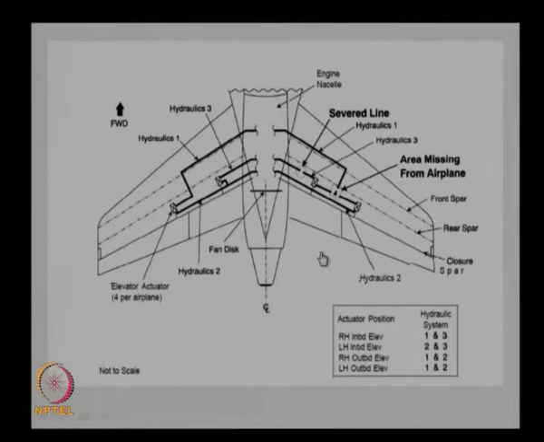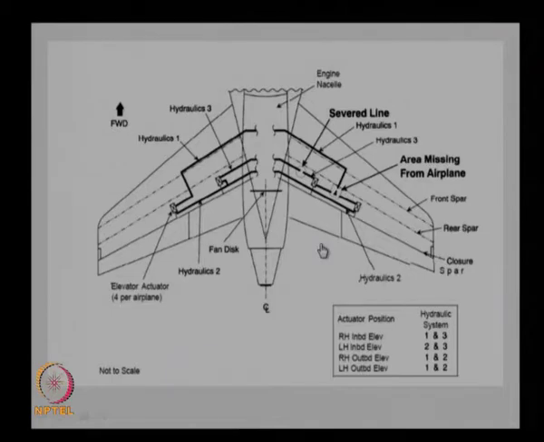So we need to make sure that such single point failures are not there in the system, as well as that we have enough redundancy in the system so that even if one system fails, the other systems are there to take care of the system functionalities.